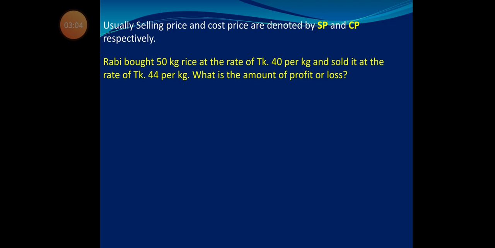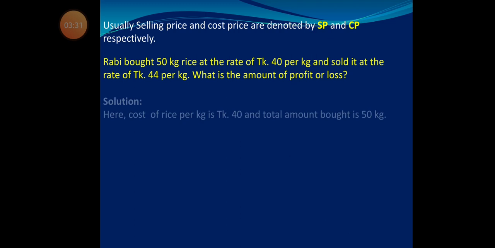What is the amount of profit or loss? Well, in this case, the total amount bought is 50 kg and the price of 1 kg is taka 40. In order to get the cost price, we need to multiply 50 by 40, and as he sold the rice per kg at price 44, we need to multiply 50 by 44 to get the selling price.